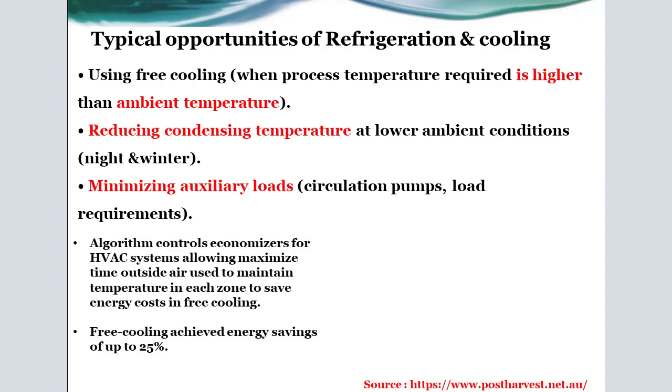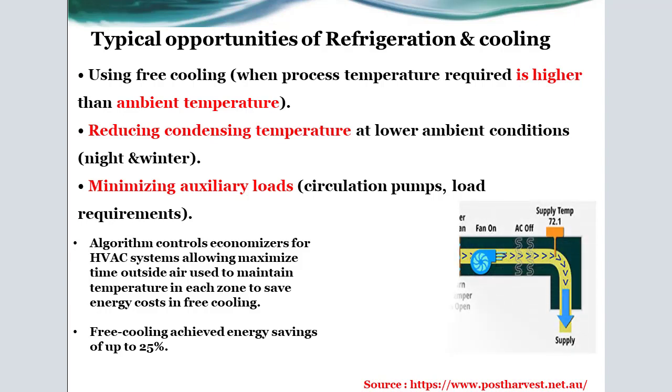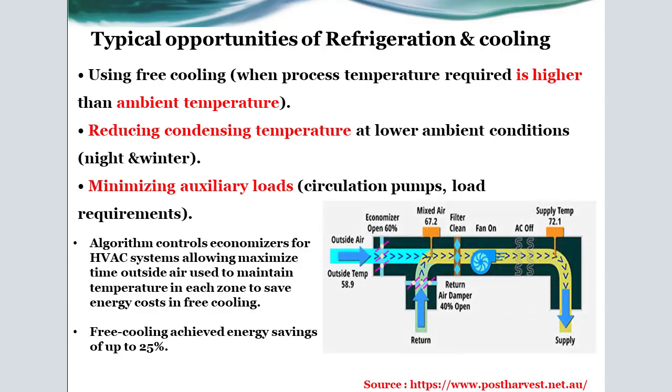Also, another option is using algorithm controlled economizers for heating, ventilating, and air conditioning systems that allow maximizing the time the outside air is used in order to maintain the temperature in each zone, in order to save energy for free cooling systems.